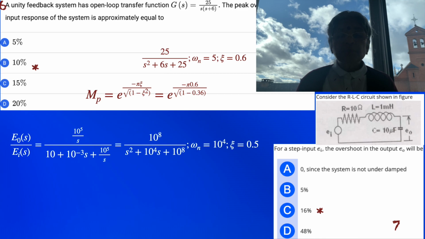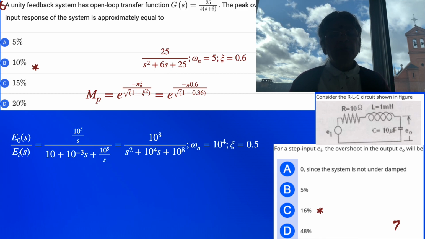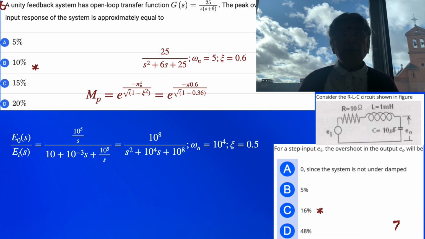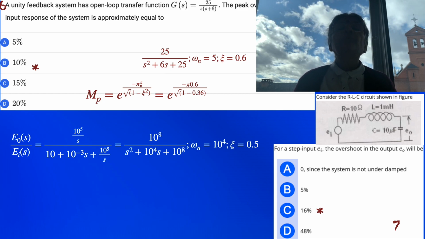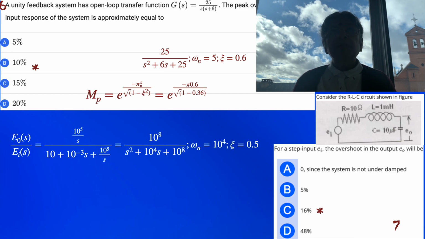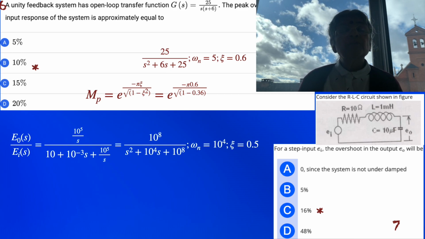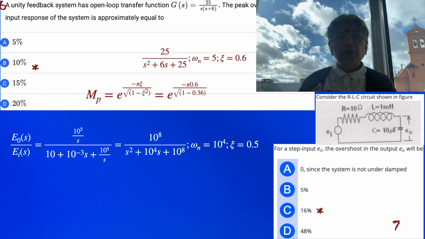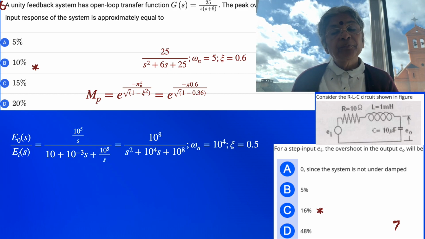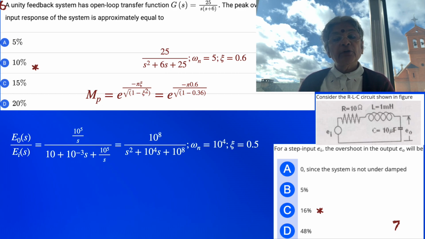The resistor becomes 10 raised to 4 s, and then the capacitor term is replaced by 10 raised to 8. So 10 raised to 8 on both the numerator and the denominator, and the constants tell us that omega is equal to 10 raised to 4.